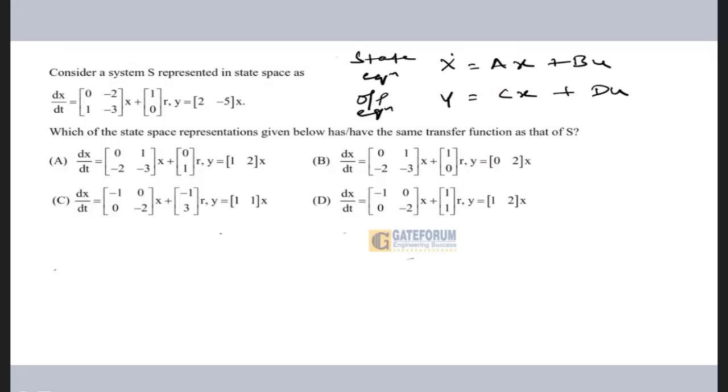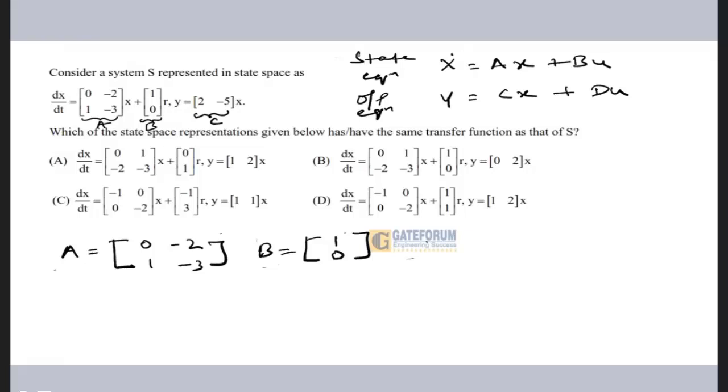Now here, if I compare, this will be A, this will be B, this will be C, and D is 0. So A I can write down as system matrix 0 minus 2 1 minus 3, and B is 1 0, C is 2 minus 5, and D is 0.